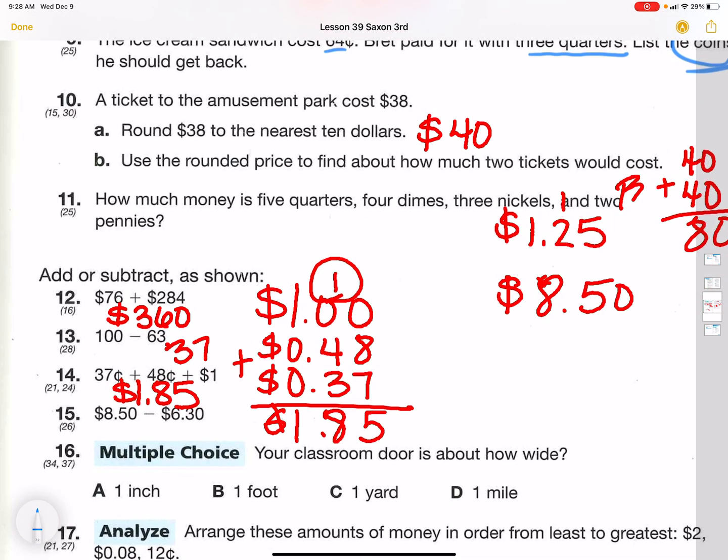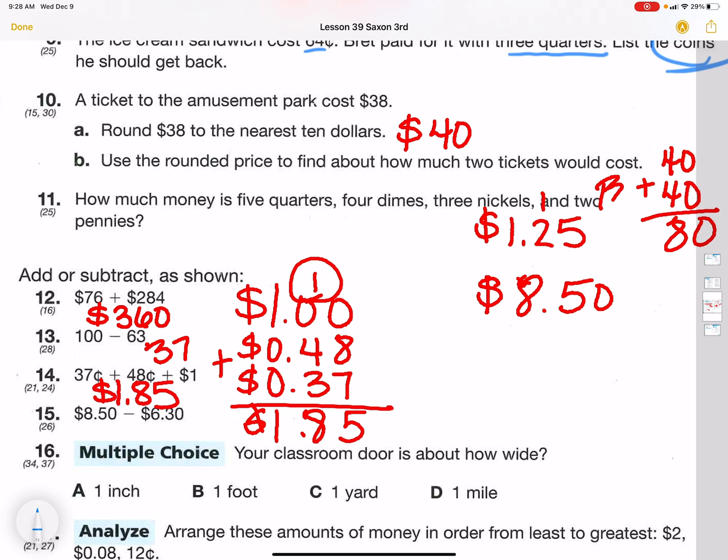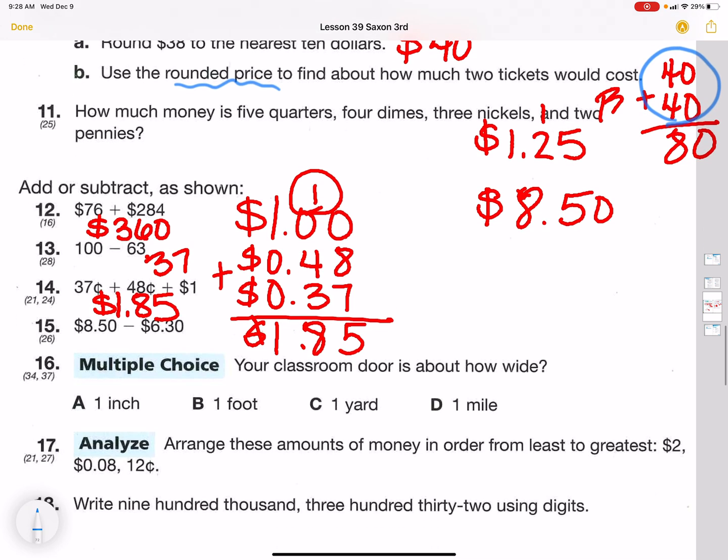Number 10, we rounded 38 to 40, and then we added 40 twice to get 80, because it says to use the rounded price. 11, how much money is 5 quarters, 4 dimes, 3 nickels, and 2 pennies?